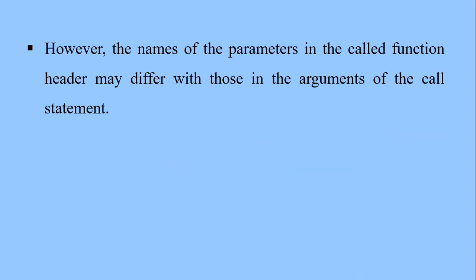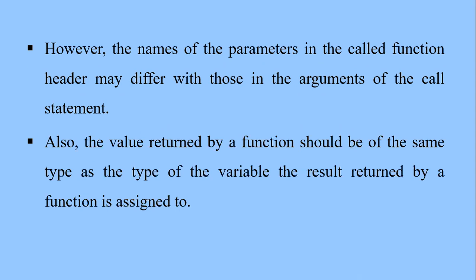However, the names of the parameters in the called function header may differ from those in the arguments of the call statement, but they must match in terms of the data type. Also, the value returned by a function should be of the same type as the variable the result is assigned to.